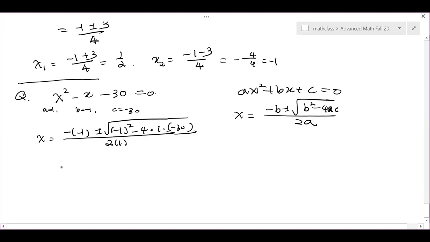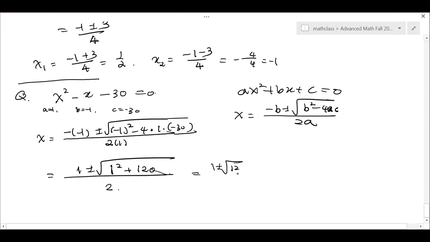Then you have to simplify. Negative b, negative 1, is positive 1, and b squared plus 120 here, because negative 4 times negative 30 is 120. Now 1 squared is 1, so it's going to be 121, divided by 2. Now the square root of 121.